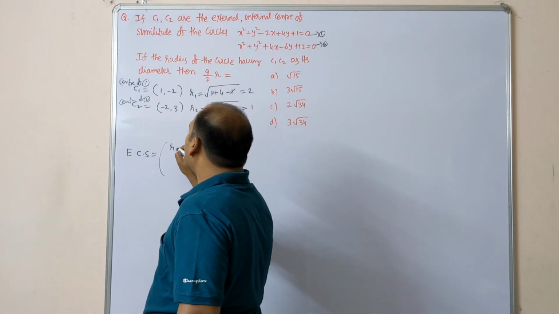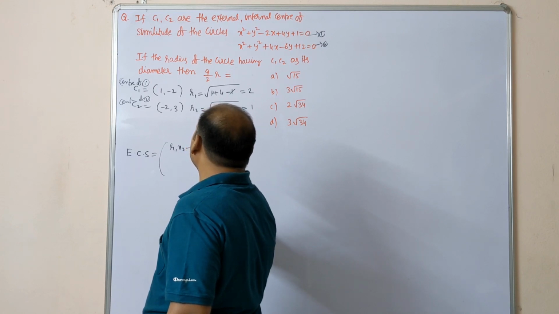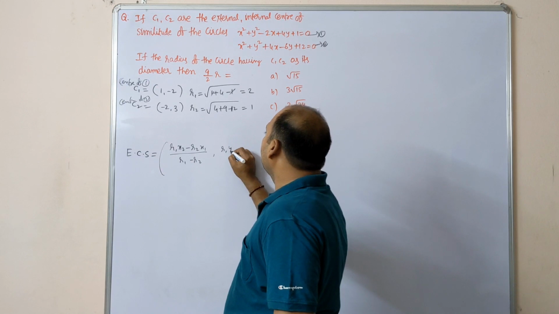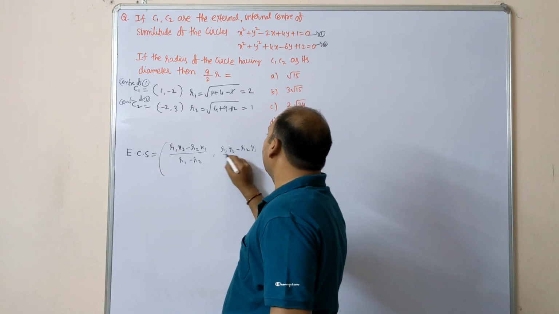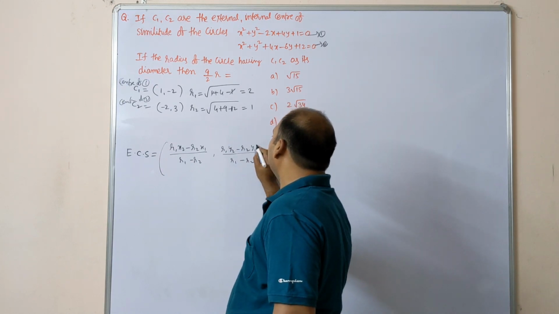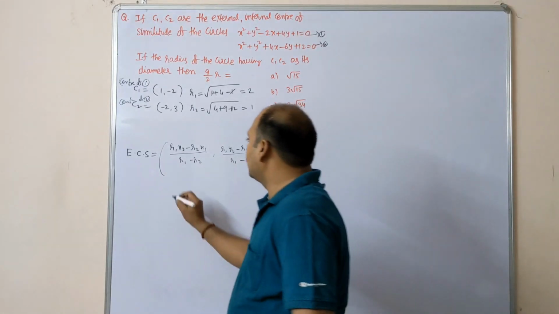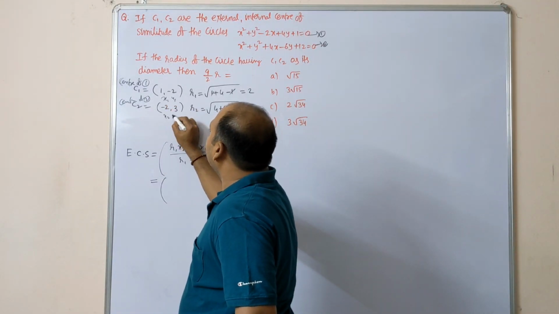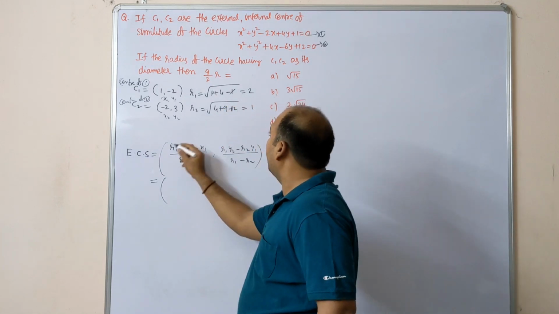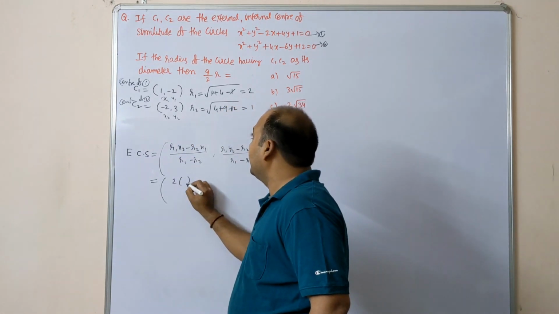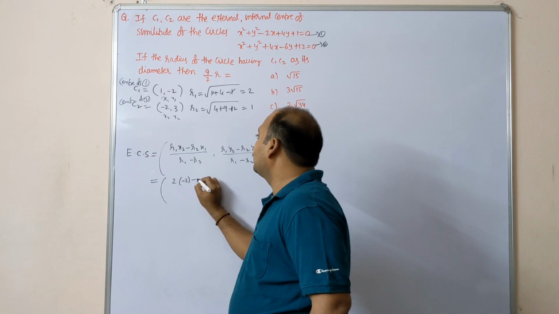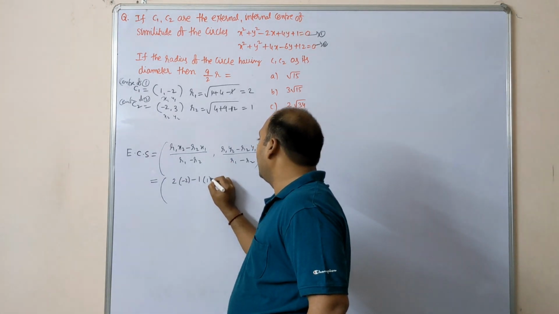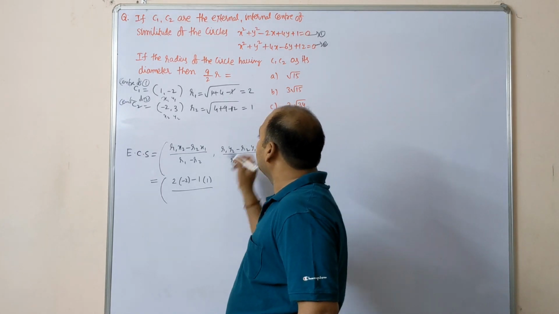(R1x2 minus R2x1) by (R1 minus R2), and (R1y2 minus R2y1) by (R1 minus R2). So x1, y1, x2, y2, R1, R2 values are there. R1 is 2, into x2 value, minus 2, minus R2 value 1, x1 value 1, by R1 minus R2, 2 minus 1.